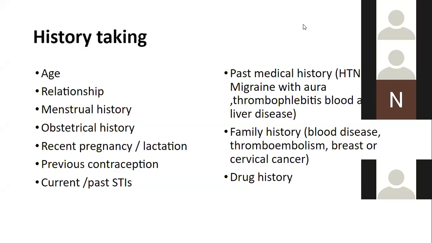So this history is very important, because if a woman has a previous history of having had a DVT or a pulmonary embolism, then the combined oral contraceptive pill is actually contraindicated in such women. Coming to family history of blood disease, thromboembolism, breast or cervical CA, these would also be relative contraindications to the use of combined oral contraceptives.